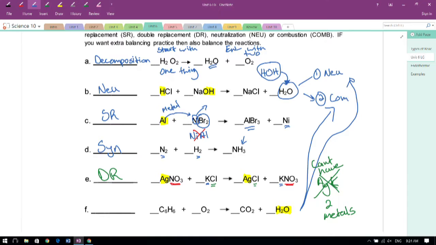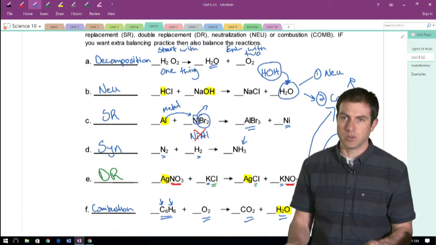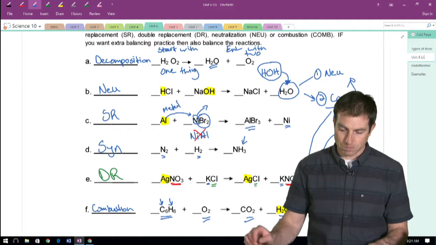I don't have those at all. But I do have this hydrocarbon. There's my hydrocarbon and oxygen. So this is definitely going to be a combustion. And a combustion reaction always produces CO2 and H2O. It doesn't matter what hydrocarbon you start with, you're always going to produce CO2 and H2O.